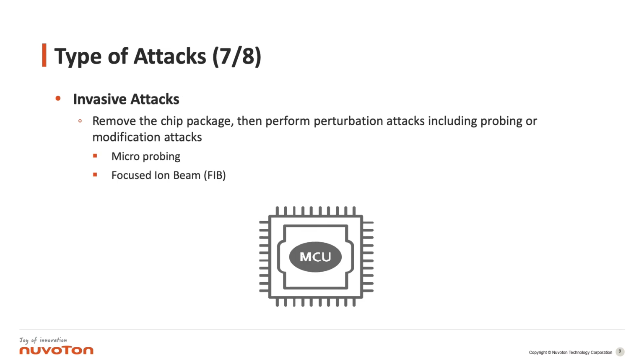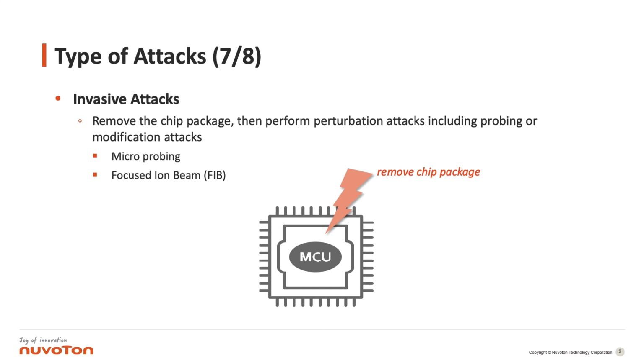The last type of MCU attack is invasive hardware attacks. This kind of attack will destroy the function of the MCU and cause irreversible damage to the MCU. Invasive attacks are usually divided into 2 steps.